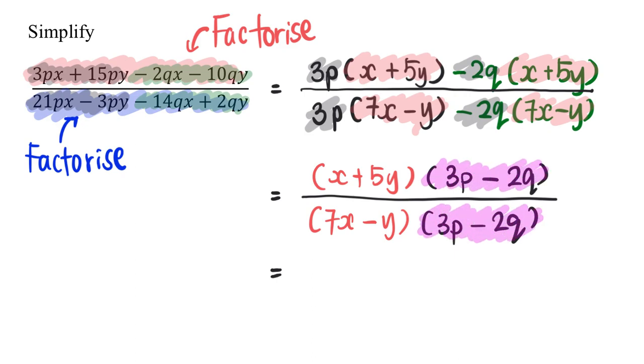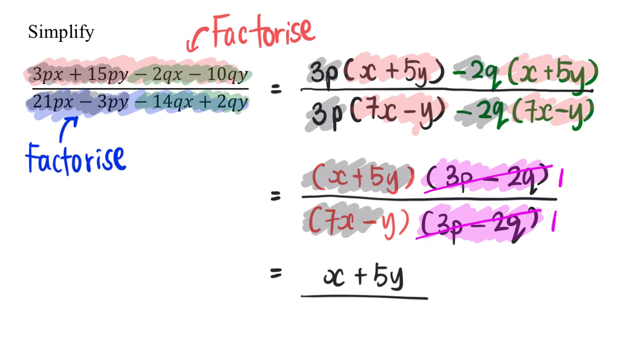The whole bracket is the common factor that I could divide off to give me my final answer, x plus 5y over (7x minus y). You can choose to write the bracket, or you can choose not to.